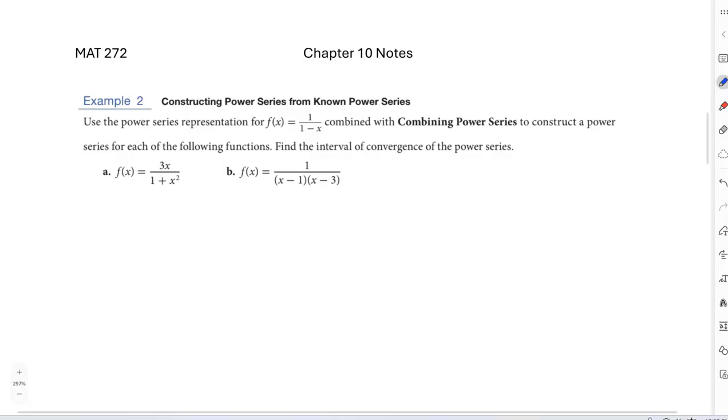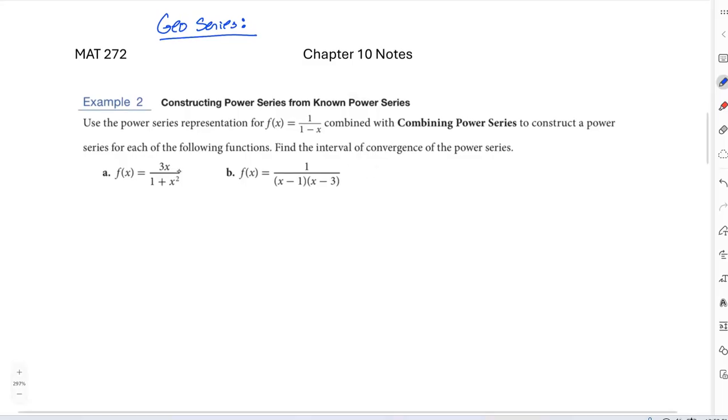So let's do some tweaking here. Remember, a geometric series is the sum from n equals 0 to infinity of a r to the n, and it converges if the absolute value of r is less than 1, and that sum would be a over 1 minus r.